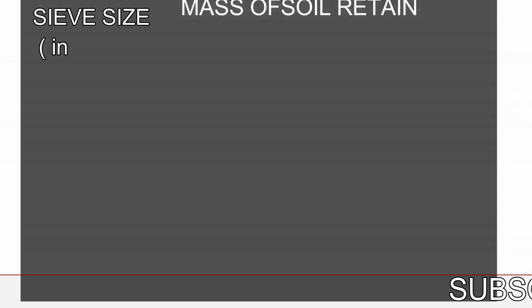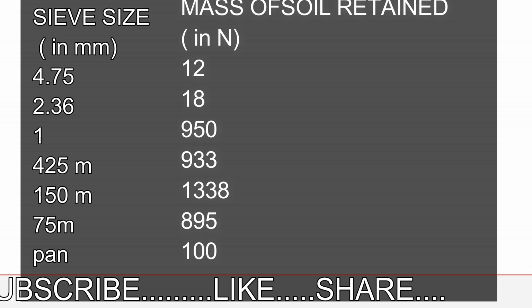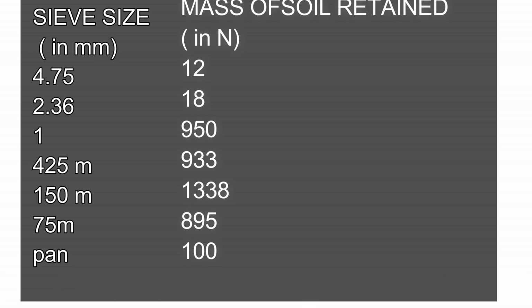They mention the different sieve sizes: 4.75 mm, 2.36 mm, 1 mm, 425 micron, 150 micron, 75 micron, and pan. For 4.75 mm, the weight of soil retained is 12 Newton, and for the 2.36 mm sieve it is 18 Newton.